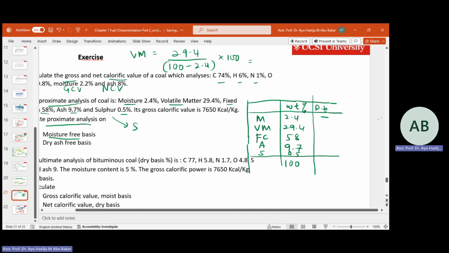Weight percent, so the total should be 100%. Did you get it? Later you compare your result.